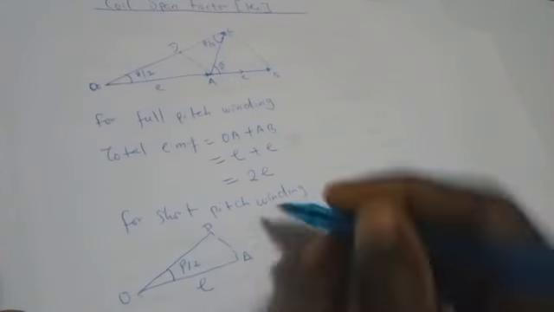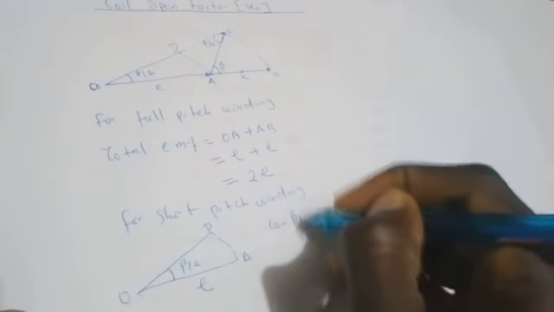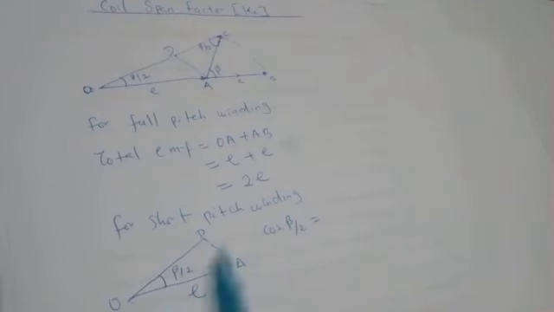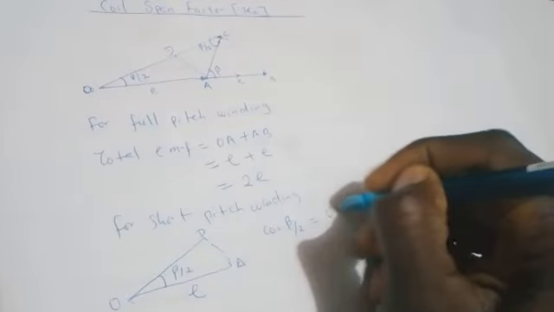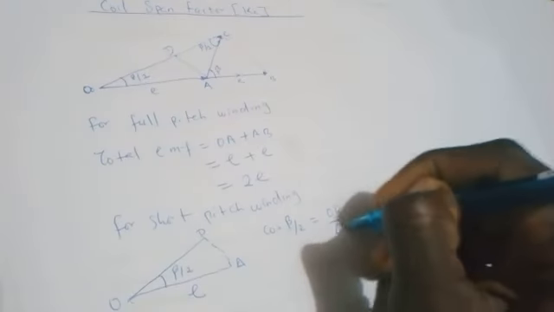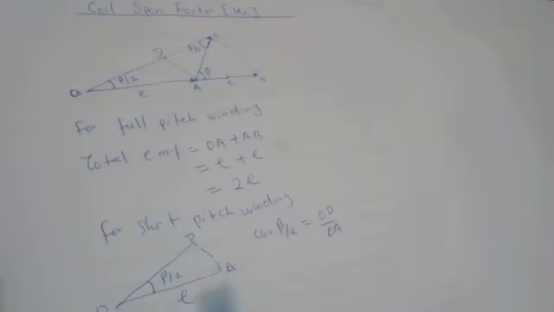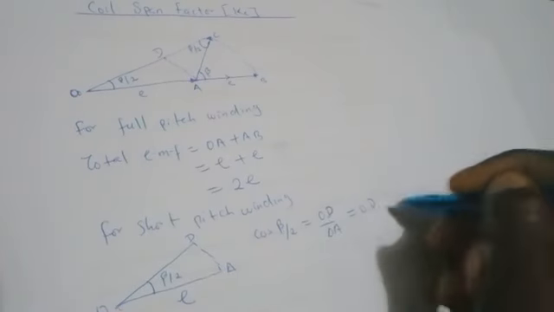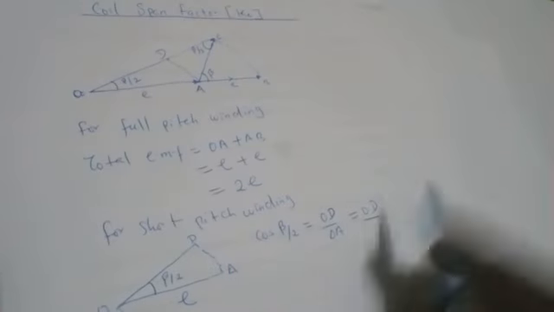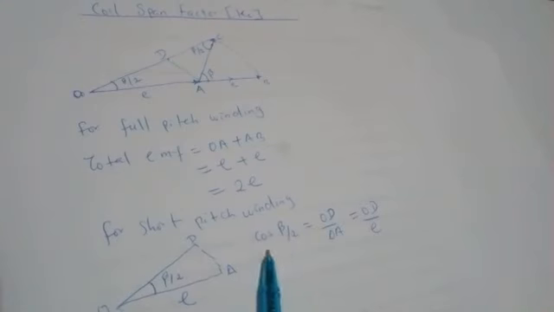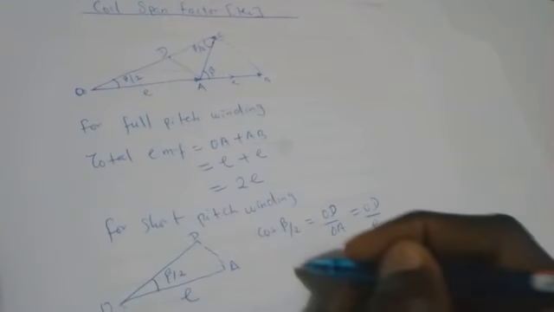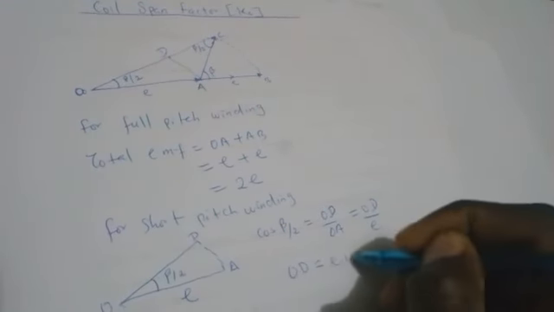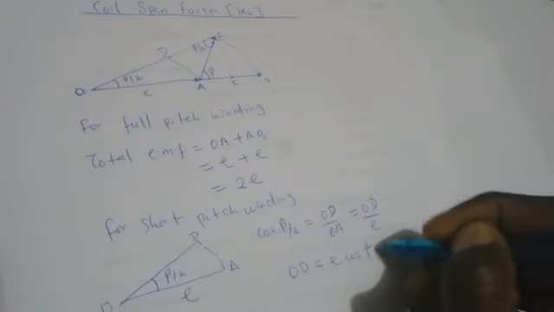Because the cosine of beta over 2 is adjacent over hypotenuse, that is OD over OA. And our OA is E, which equals OD over E. So if I equate this, it means that my OD is equal to E cos beta over 2.